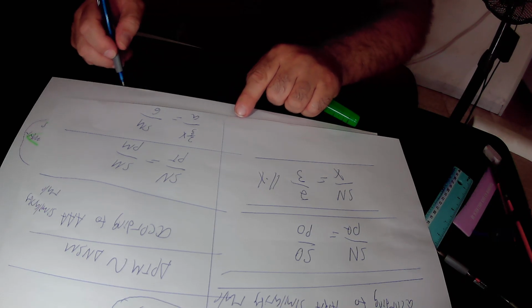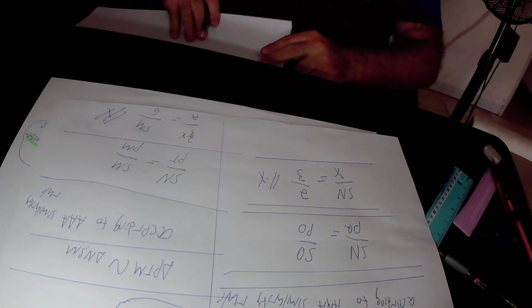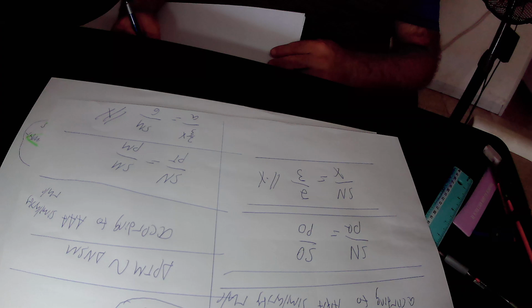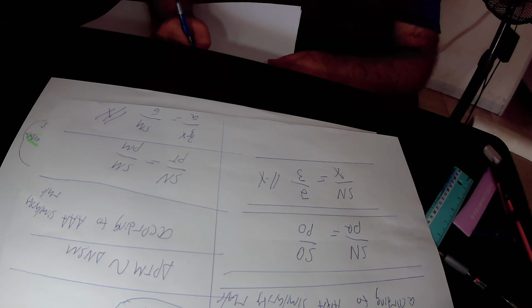Here we cross multiply this equation and we get two-thirds x times 6 equals A times SM.